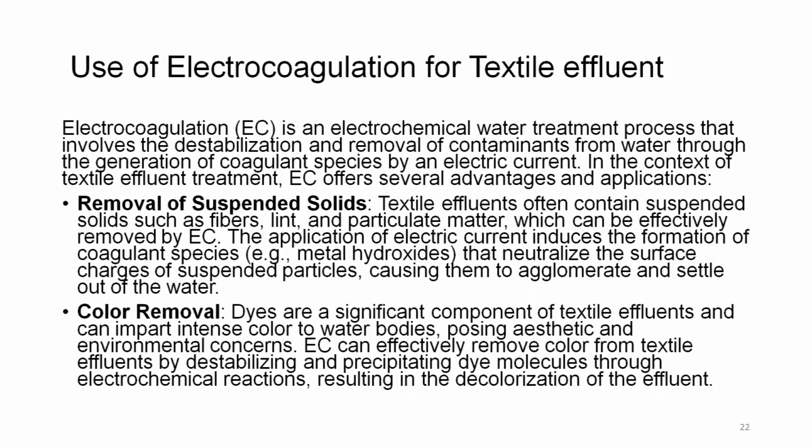Removal of suspended solids. Textile effluent often contains suspended solids such as fibers, lint and particulate matter, which can be effectively removed by EC. The application of electric current induces the formation of coagulant species, metal hydroxides, that neutralize the surface charges of the suspended particles, causing them to agglomerate and settle out of the water.